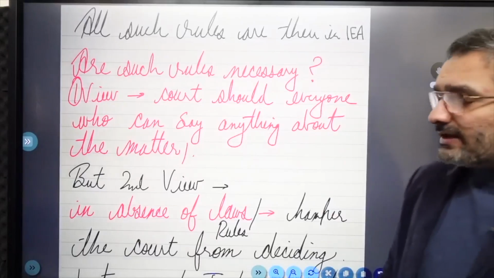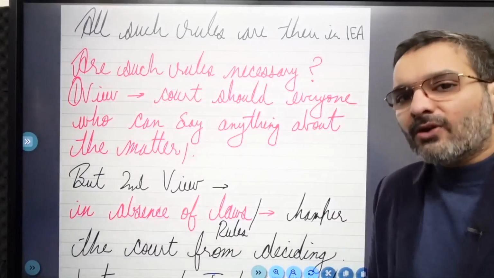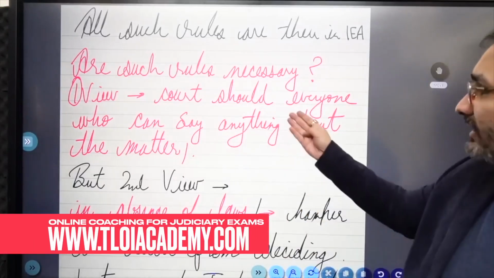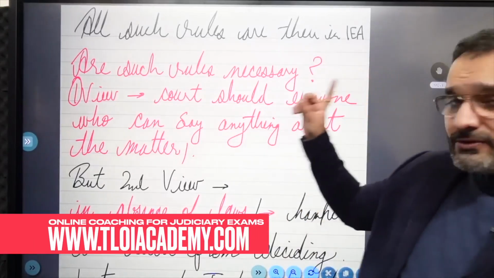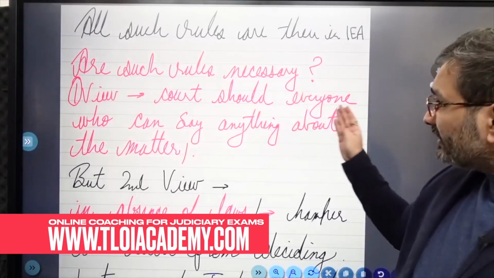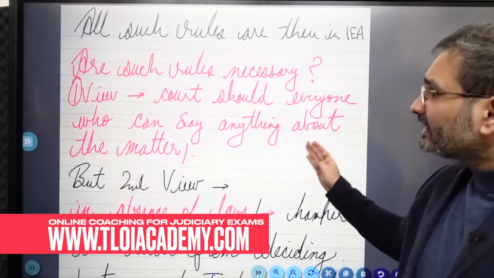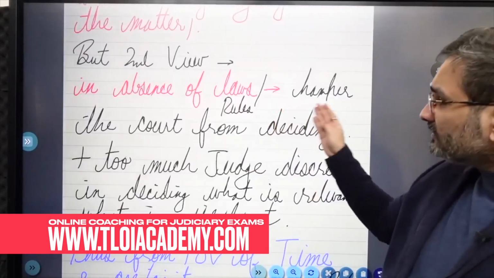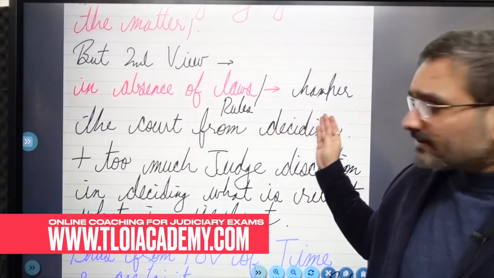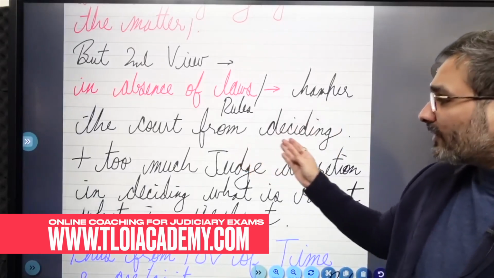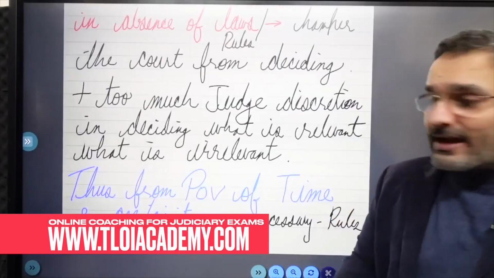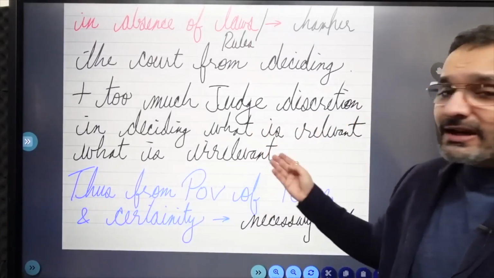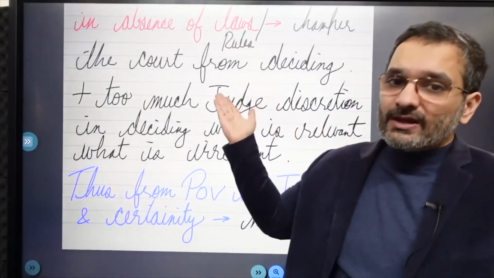So all such rules are there in the Indian Evidence Act. Are such rules necessary? Now we contemplate कि भाई क्यों है ऐसा. So the view is that the court ideally should hear everyone who can say anything about that matter. But the second view is that in absence of laws, rules, this will hamper the administration of justice and the court from deciding the matter at hand, because too much judge discretion in deciding what is relevant and what is irrelevant will be there in the absence of any rules and laws.